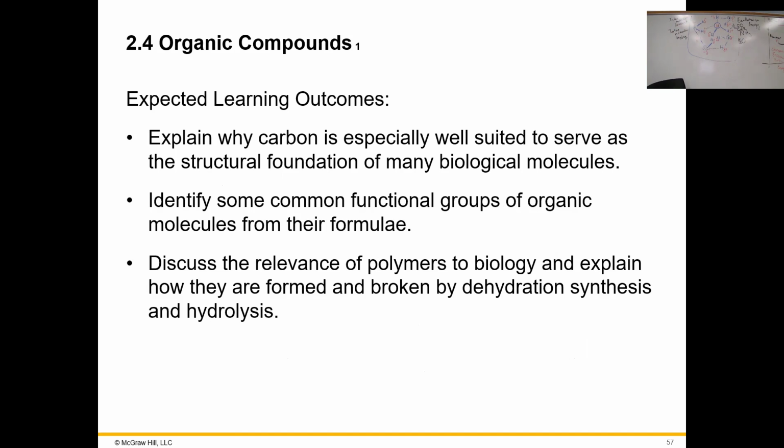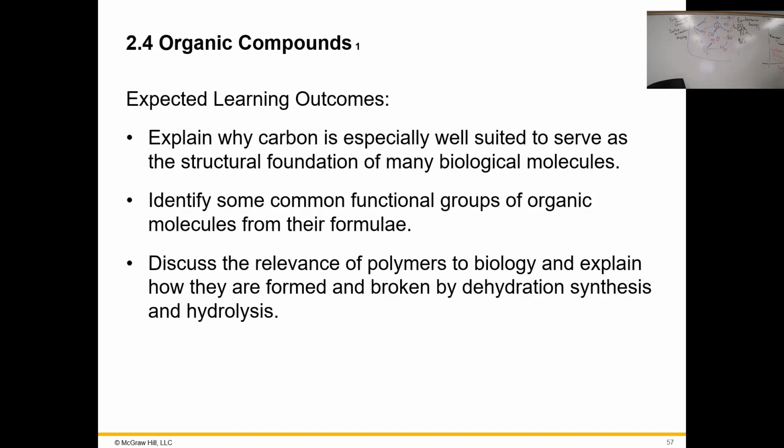Gain electrons, reduction. So in sodium chloride, sodium lost an electron, chloride gained an electron. So chloride is reduced while sodium is oxidized. That's the first law.